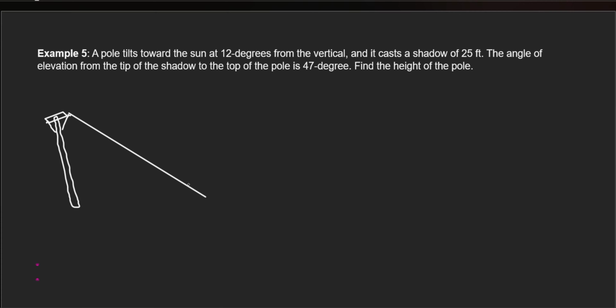Okay, it creates 47 degree, which is from this point to this point. This is 47 degree, and a pole tilts toward the sun at 12 degree. So if ito yung magiging right angle natin, so it creates this angle as 12 degree.